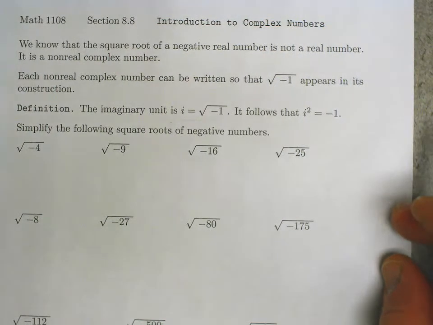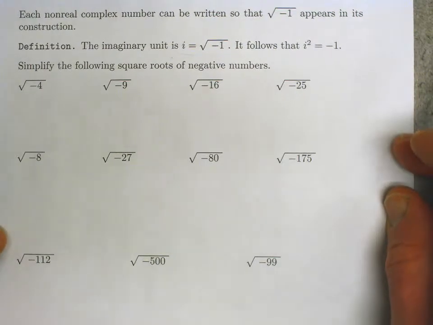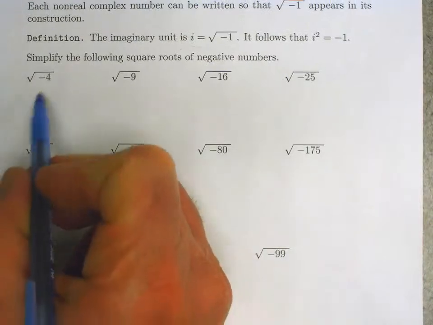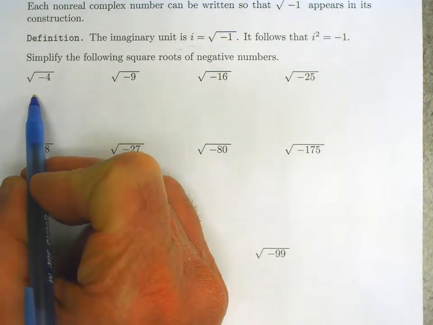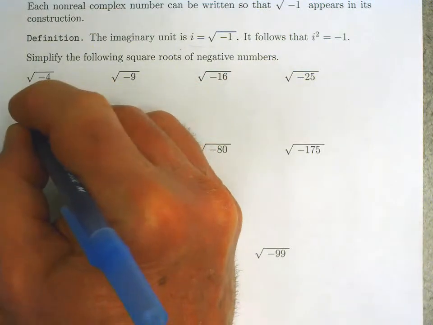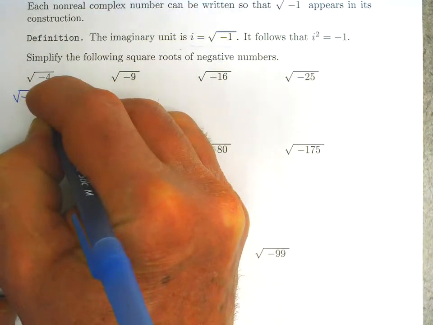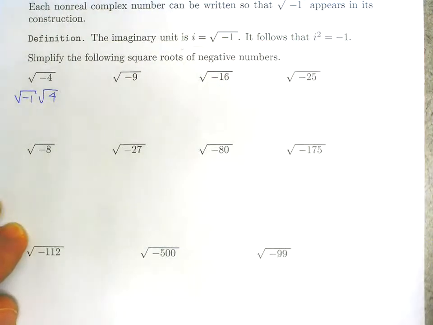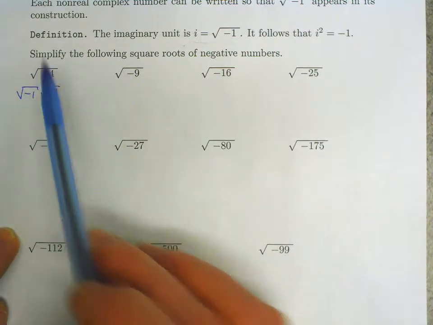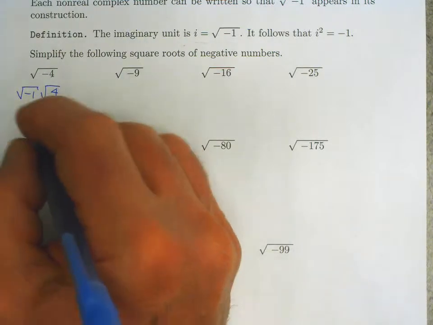Okay, so we'll simplify the following square roots of negative numbers. We'll use properties of square roots that we already know. So in this first one on the left, the square root of -4, think of that as the square root of -1 times the square root of 4, because -1 times 4 is -4, and we're going to replace the square root of -1 with i.